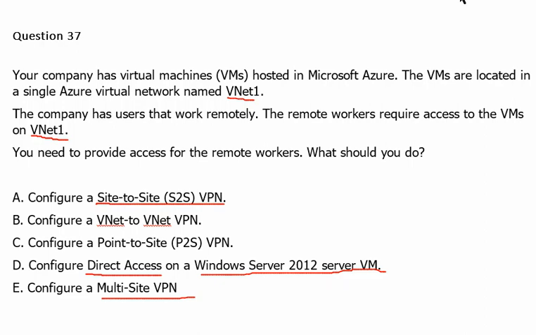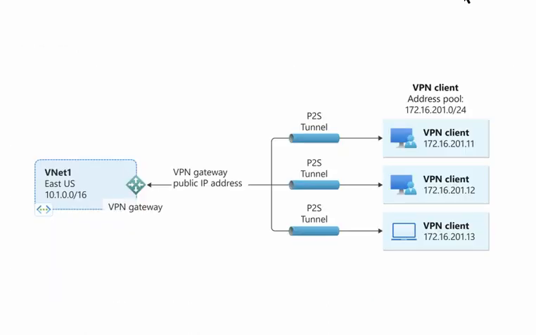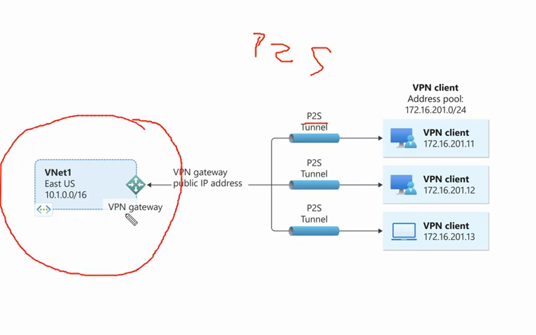So first let's understand by diagram what is site to site, VNet to VNet, P2S, etc. The first one is P2S, point to site connectivity. Here is the tunnel. This is our virtual network, and this is our VPN gateway on Azure, and that is connecting through P2S or point to site tunnels to independent workstations.